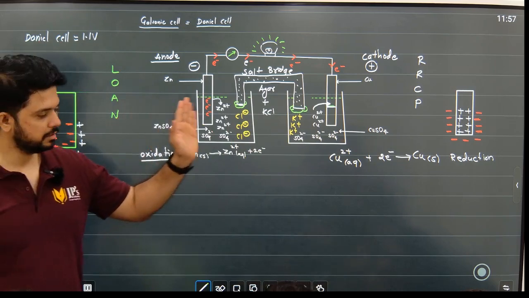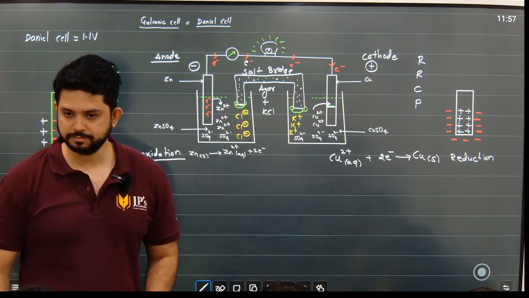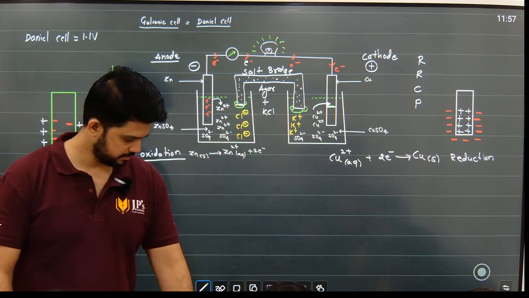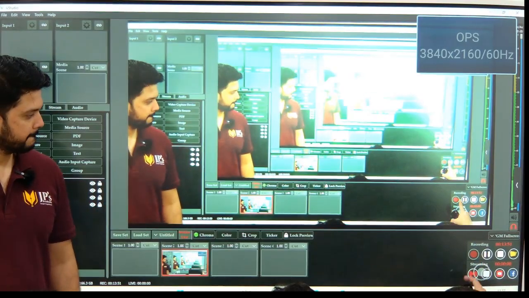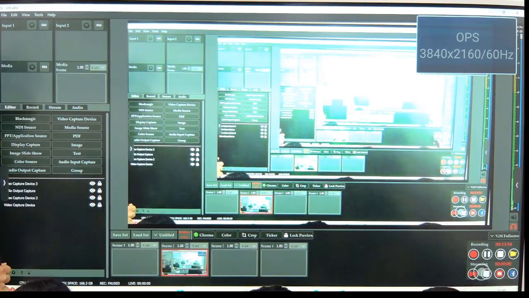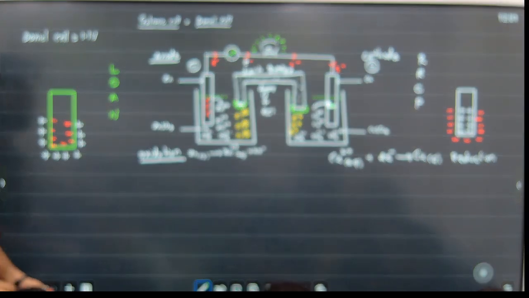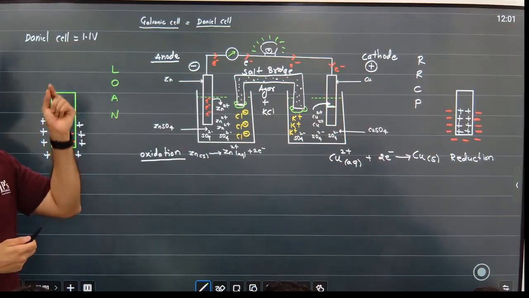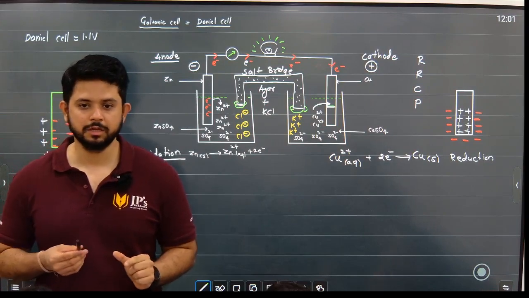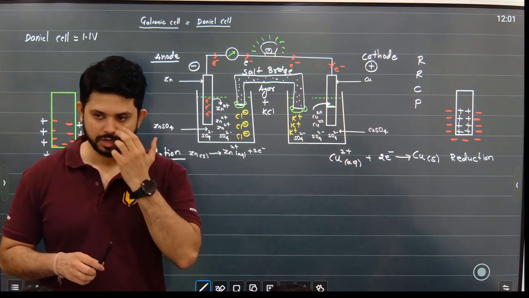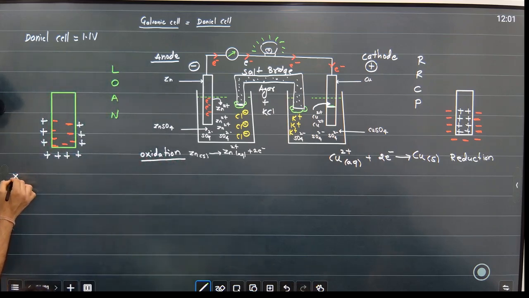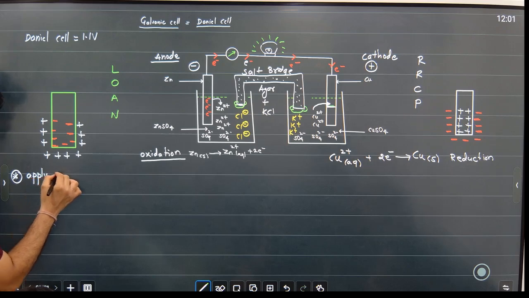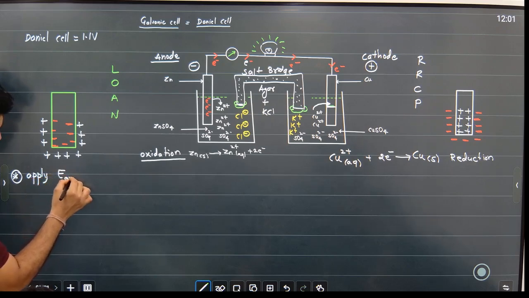Any questions in the setup of the Daniell cell? No? Okay, so let's continue. Now pay attention. The Daniell cell produces around 1.1 volt. Now I have a question. Let's say I apply external voltage.